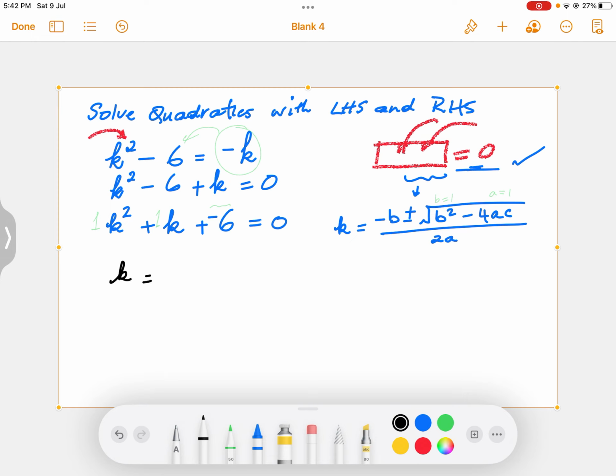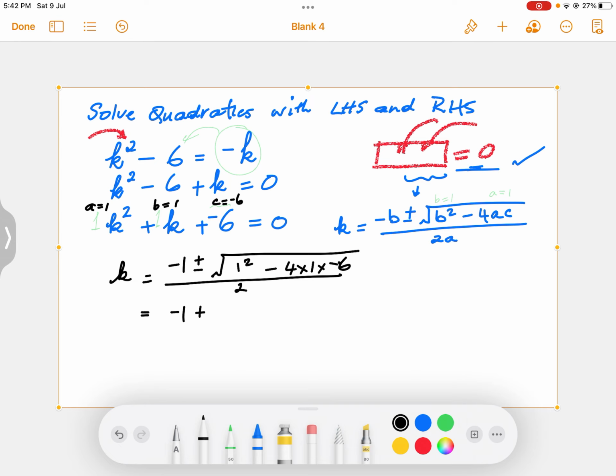b is 1, so that's negative 1, plus and minus the square root of b squared, which is 1 squared, minus 4 times a, which is 1, times c, which is negative 6, all over 2 times a, 2 times 1.